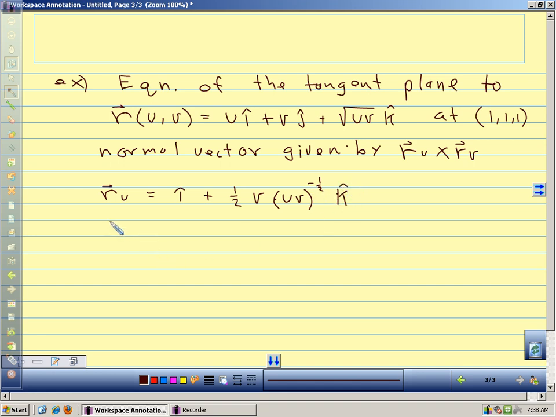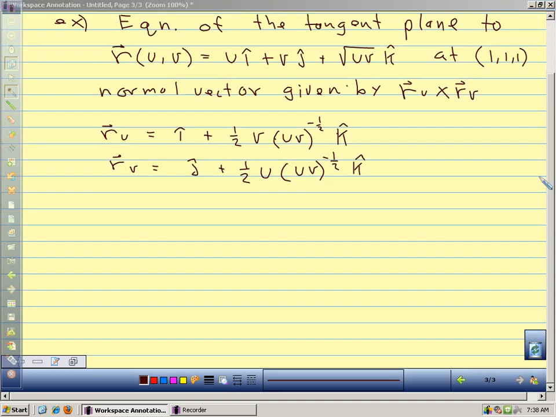r sub v is j, and then 1/2 u times uv to the minus 1/2 k. And we need to do our cross product.